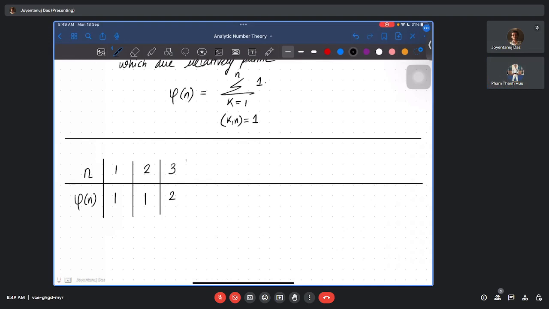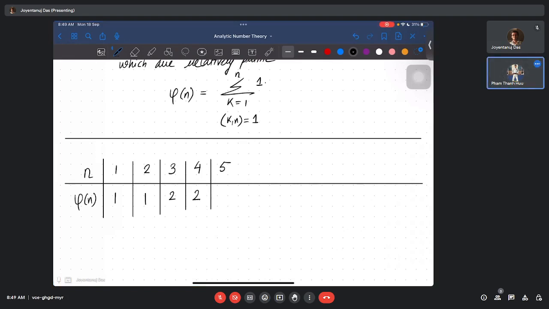Then 4: 1 and 3, so 2. For 5: 1, 2, 3, 4.